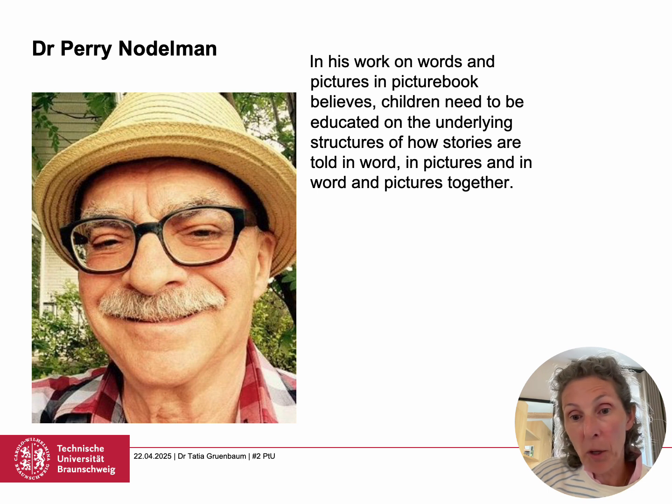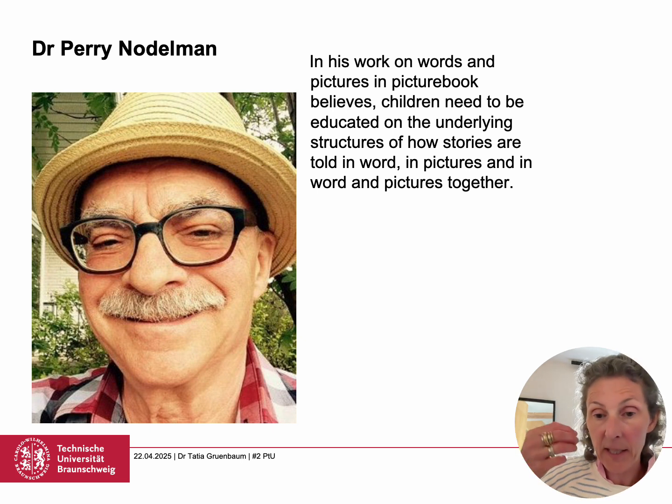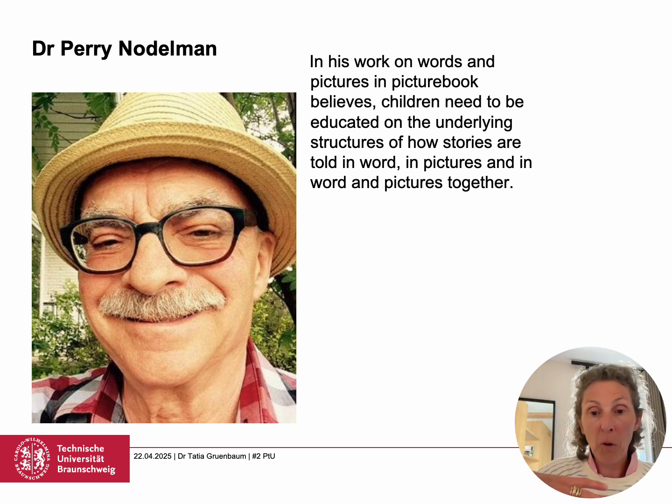He writes in his work on words and pictures that he believes children need to be educated on the underlying structures of how stories are told in words, in pictures, and in word and pictures. And I feel that once again highlights the need for us to really explore how we read them and how we extract meaning.